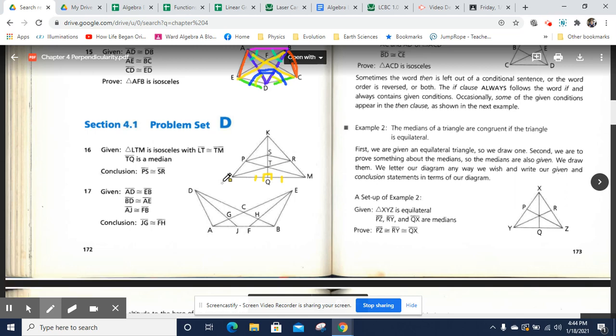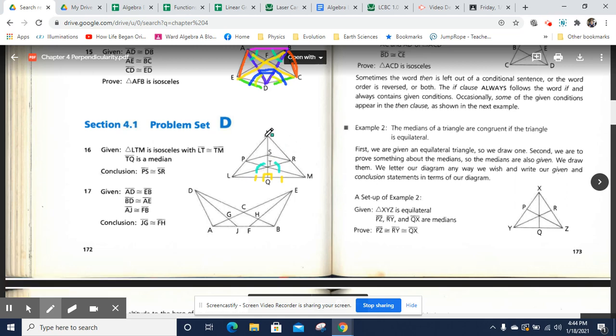Now from there, we've got simply all the sides of LTQ and MTQ are congruent. But with that, you can go on to prove some other things. You can go on to prove that this angle is congruent to this angle. And we know KT is going to be congruent to itself. I'm sorry, I hid the T. I'll make that T visible there. Okay, so we know that this is congruent to itself. We know this side is congruent.